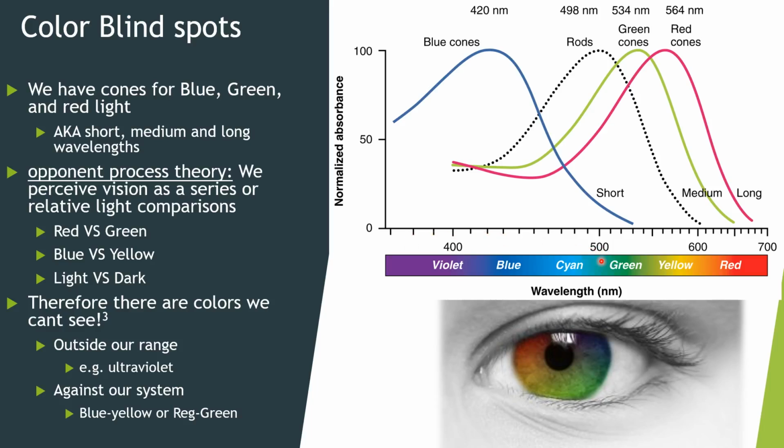Okay, so we've covered this right-hand side of the color spectrum, but how do we perceive these other ones? Well, we know that we have blue, and we actually have another piece of opponent process theory, blue versus yellow. So we get yellow by comparing green and red, and we can get blueness by comparing the blue to that yellow. That allows us, again, to perceive blue, cyan, green, and yellow based off of the relationships between those two things.